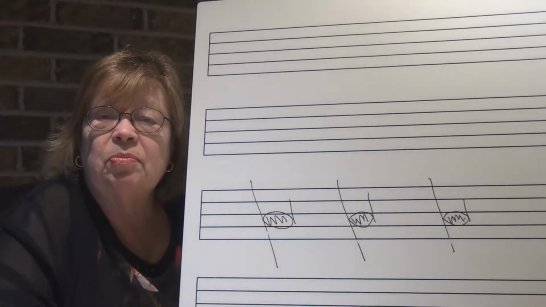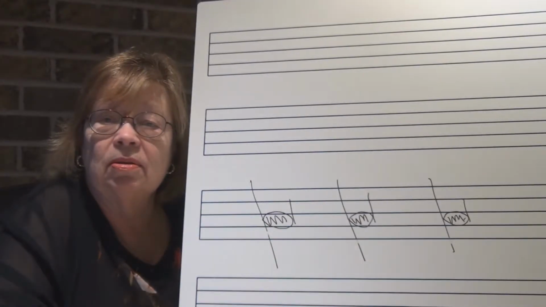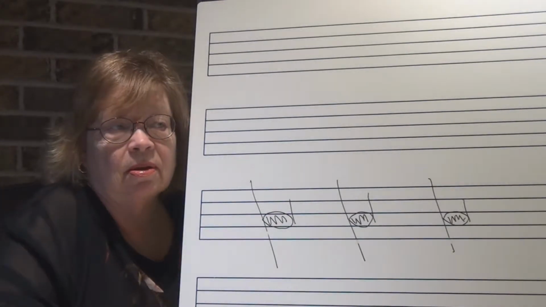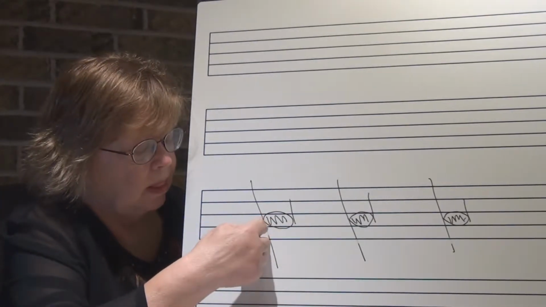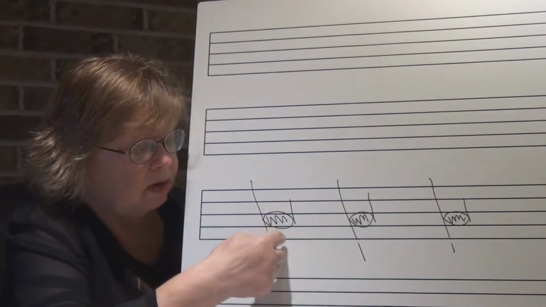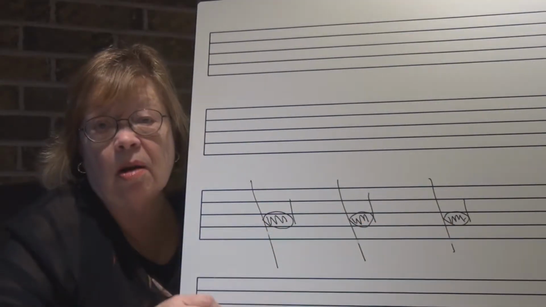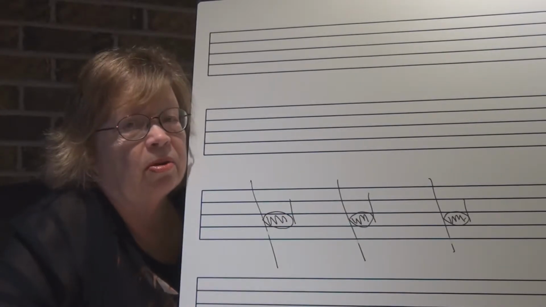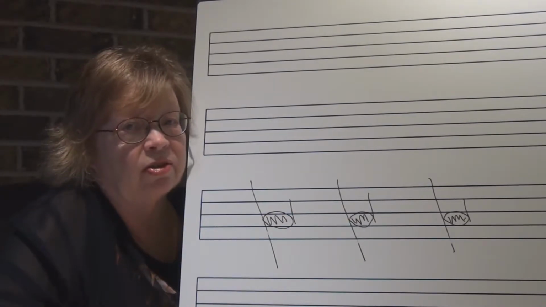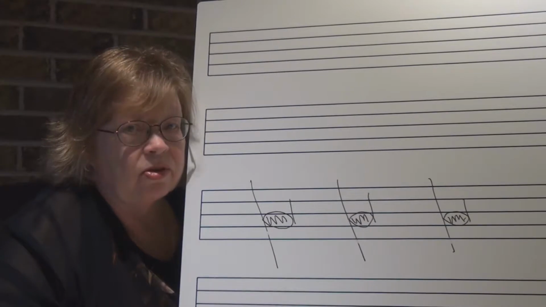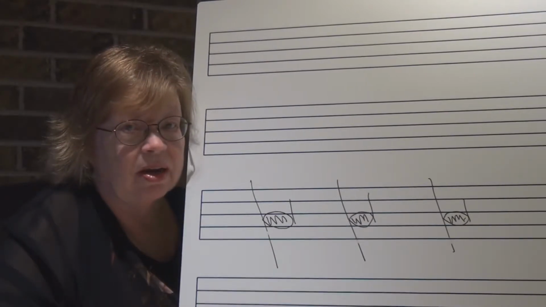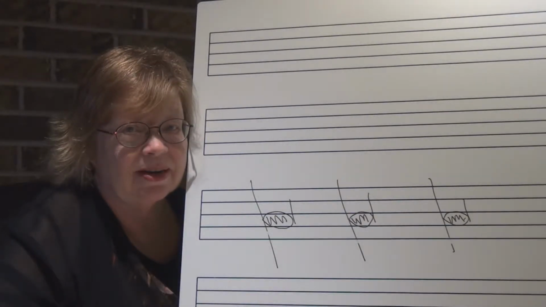Sometimes the music is much slower. That means the quarter notes are going to start much farther apart. But whether the quarter notes are fast or slow, they all will start precisely on the beat.